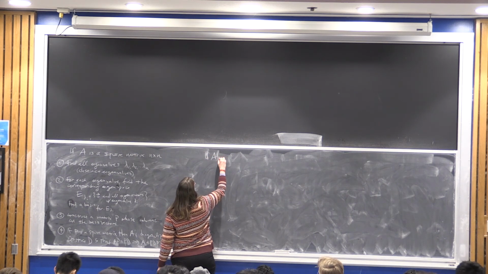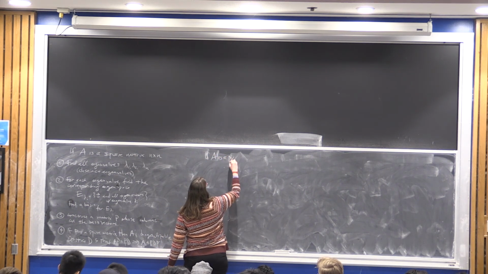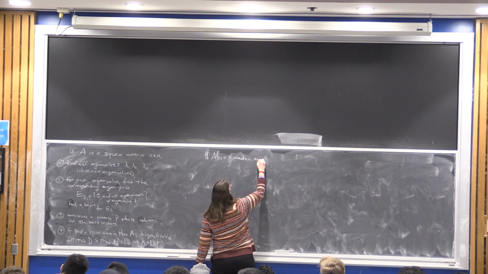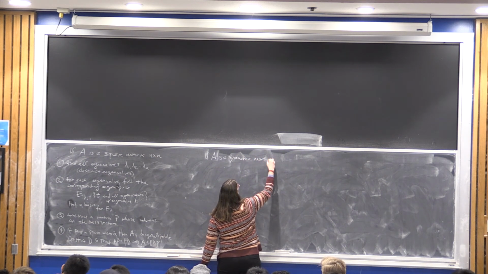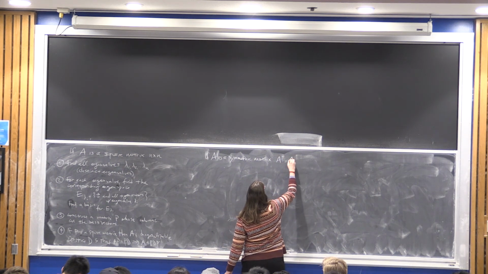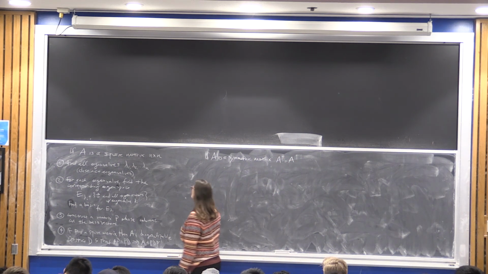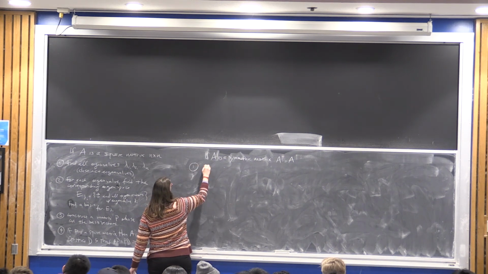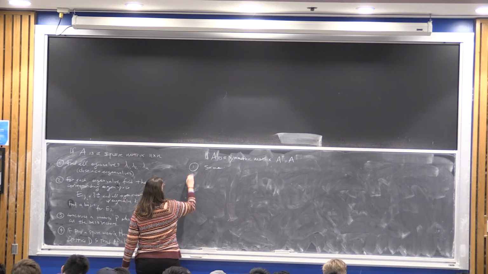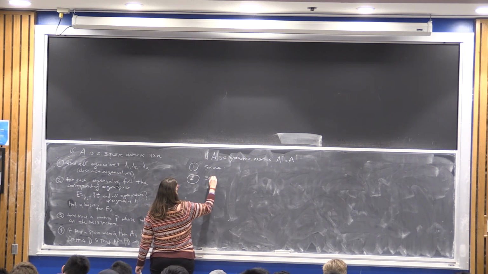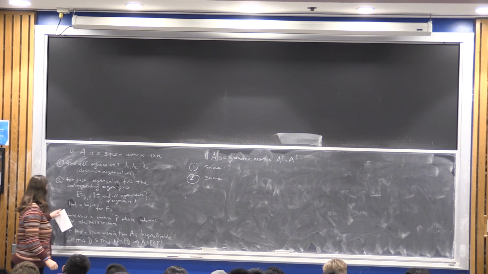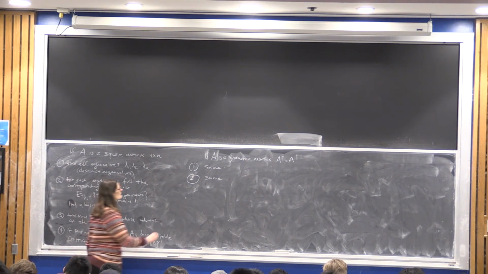Now if A is a symmetric matrix, meaning that A transpose equals A, the first step is the same and the second step is the same. But now there's a step 2.5.